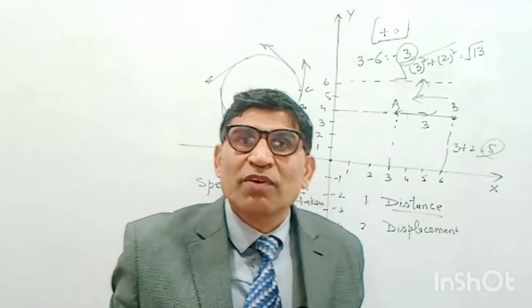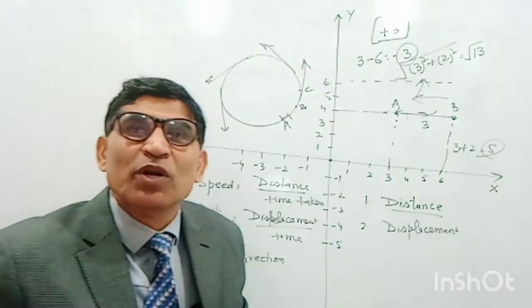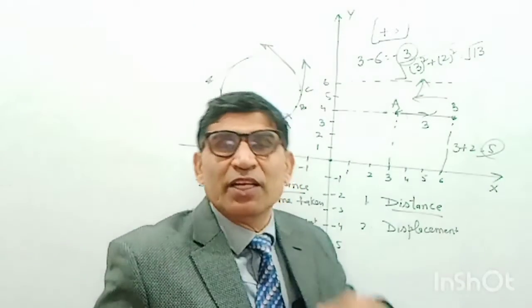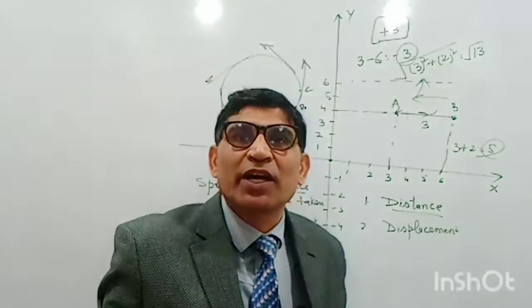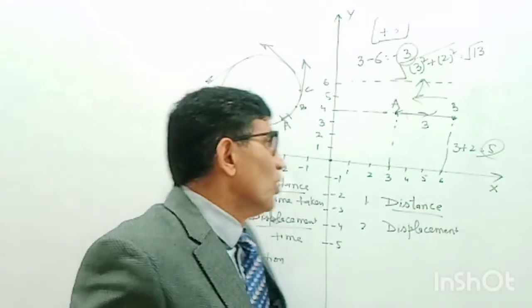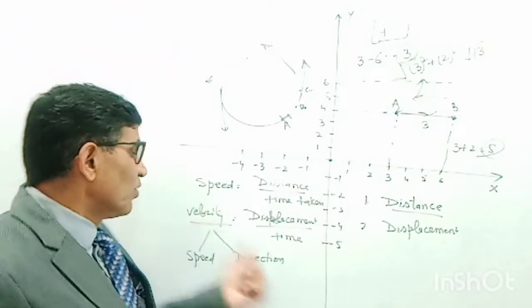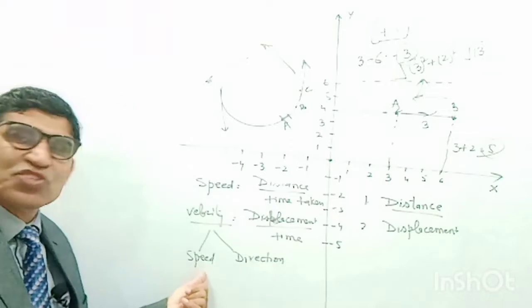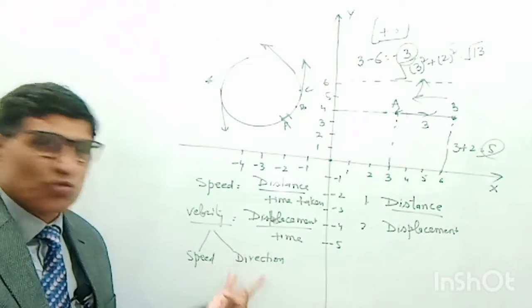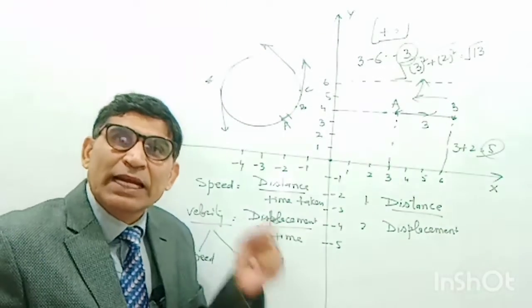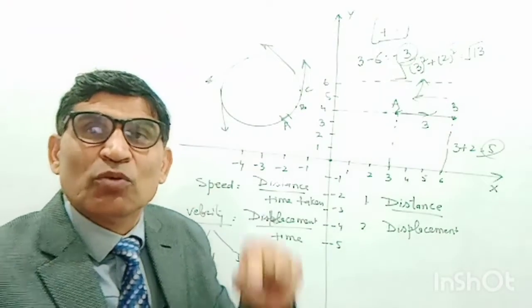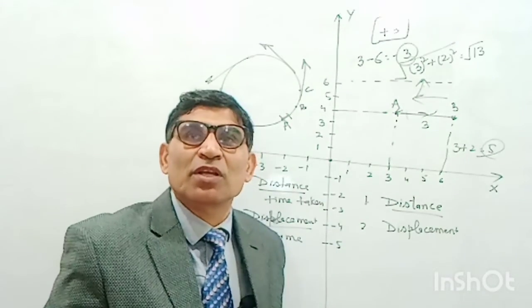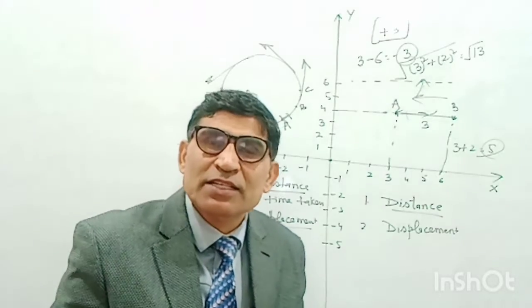No force is required if we want to move a body with a fixed speed in a fixed direction. So force is required when we have to either change the direction or change the speed or both. That force produces acceleration in the body. That we will come to at a later stage.